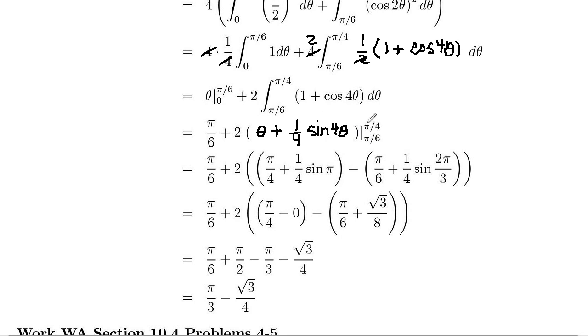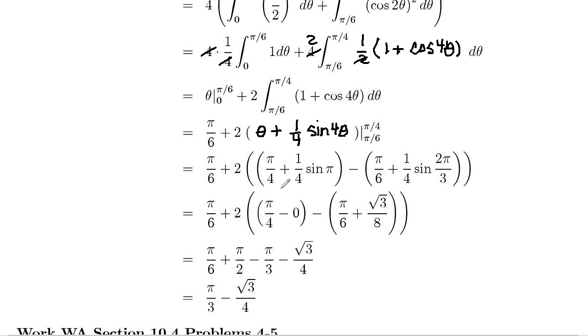So plug pi over 6 in. Plug pi over 4 in. That's right here. So pi over 4, 1/4 sine 4 pi over 4 is pi. And then plug your pi over 6 in here and in here. So 4 times pi over 6 is 2 pi over 3.